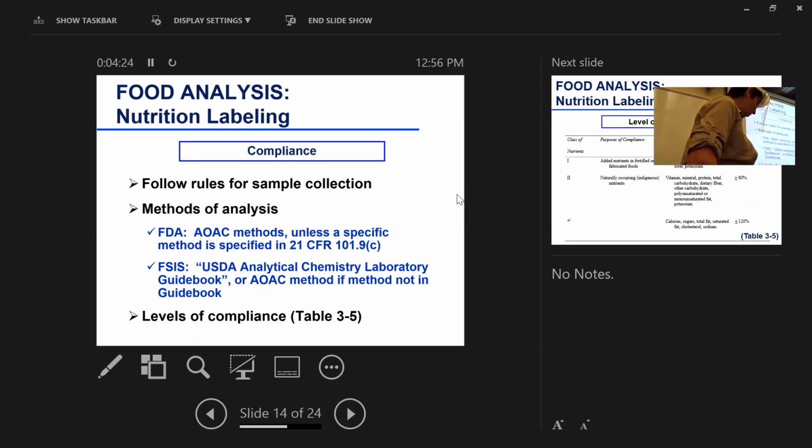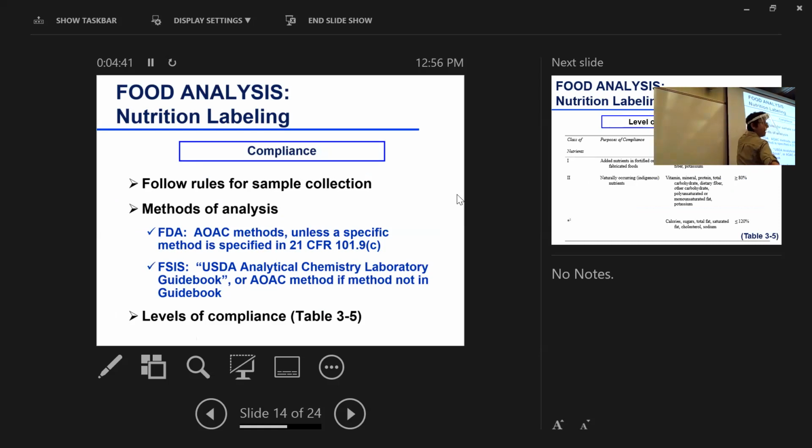Compliance. So you have to be in compliance when you do nutrition labeling. So we have to follow rules of sample collection. In chapter 5, we're going to talk about sampling and specifically sample collection for nutrition labeling.